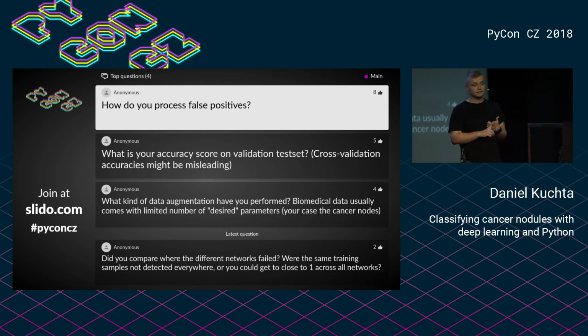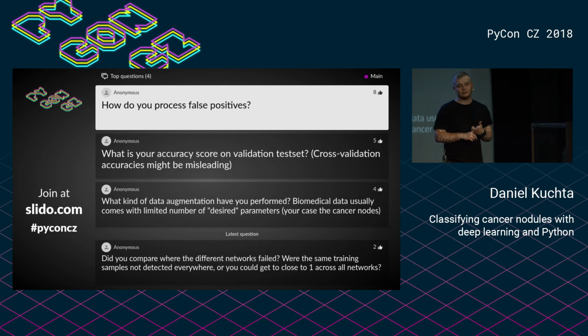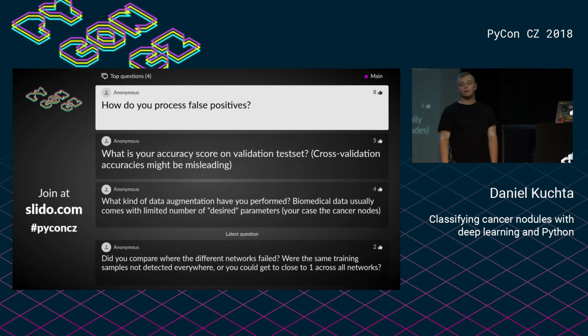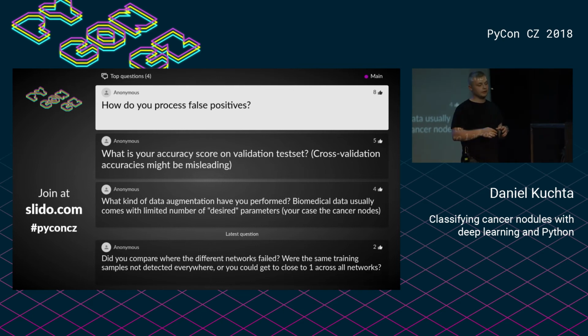And how we deal with false positives in the classification part. Well, we do our best, and we just inform the radiologist of our confidence in the label we have. So when they see that the confidence is not very high, they just might not take this very seriously. Again, this is just an assistance system.